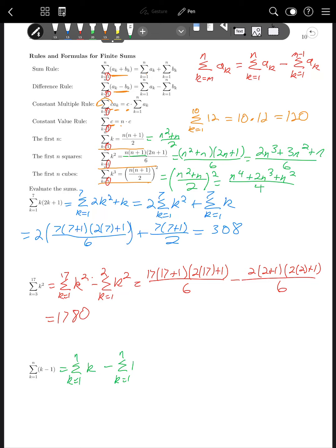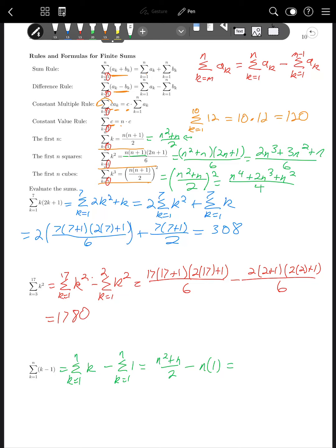So for the first n k's, this is where we're going to want to use the multiplied out version. So that's going to be n squared plus n over 2. And then the rule for minus a constant is simply n times the constant. So that would be minus n times 1.